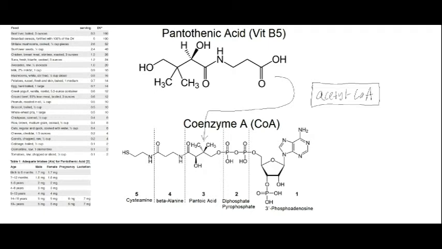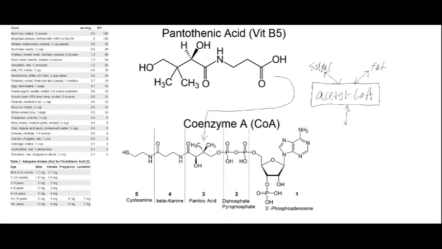Acetyl CoA is an intermediate in a lot of pathways, and it's sort of the exchange in a lot of pathways. Sugar metabolism goes to acetyl CoA, which also goes to fat metabolism, so that's probably one of the bigger ones.